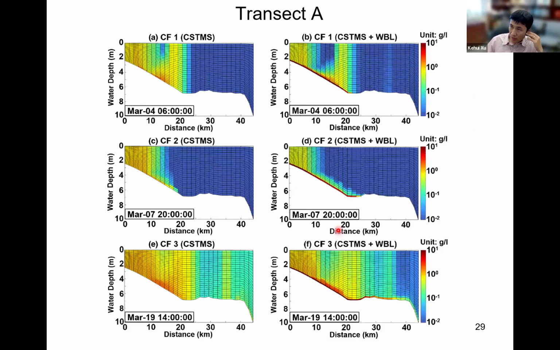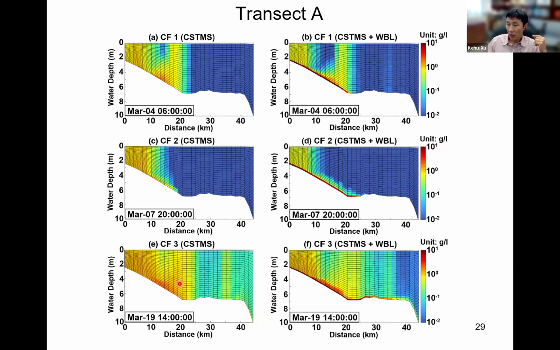Now let's take a look at the result. On the left side, we have 3 cold front events, number 1, 2, and 3. This is all based on CSDMS regular benchmark runs. To the right side, Dr. Zhang added a new wave boundary layer. As you can tell, you can see very high turbidity over here, up to almost 10 grams per liter, which is the threshold to trigger the fluid mud process.